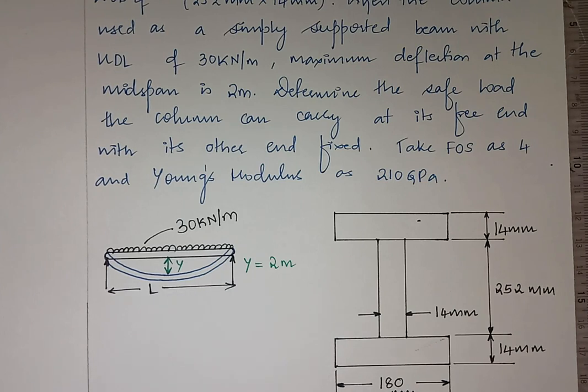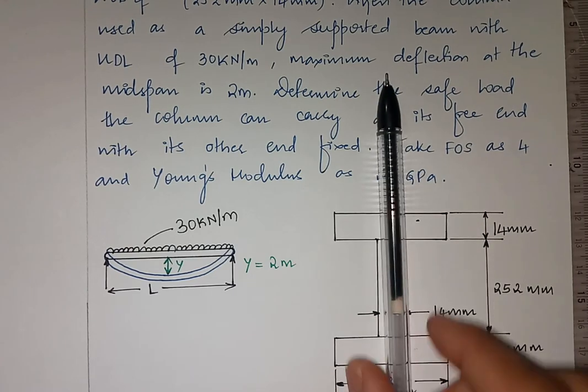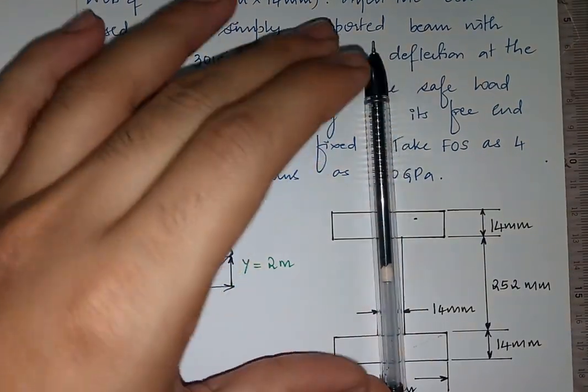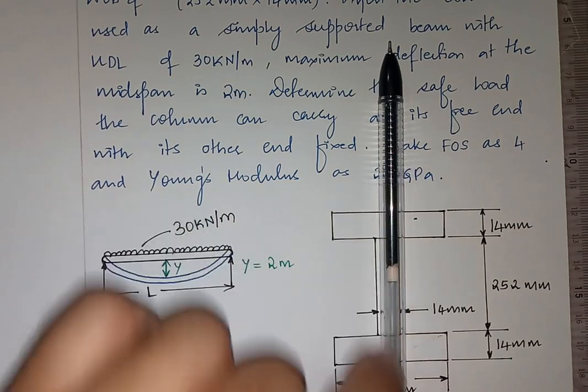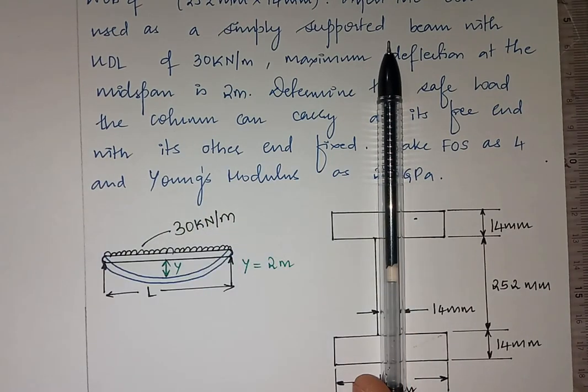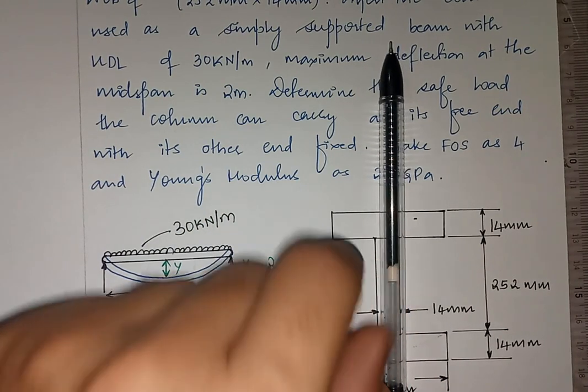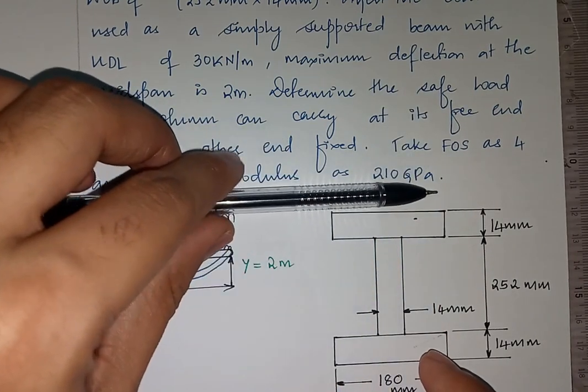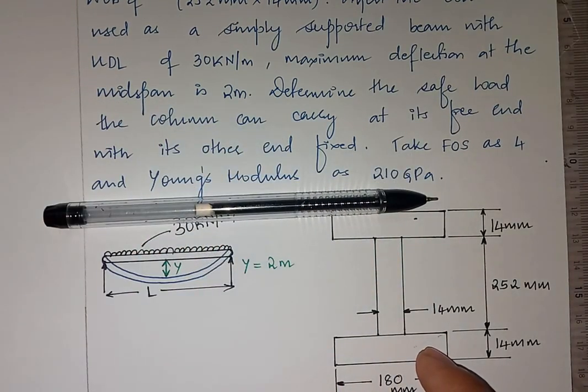Now the gist of the problem is, if you calculate the length of the beam, it is as good as calculating the length of the column. Try to understand: suppose this is the column, it has a certain length and a certain thickness. Now the same column he has made use of as a beam, kept horizontal.